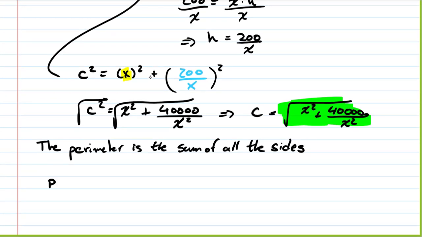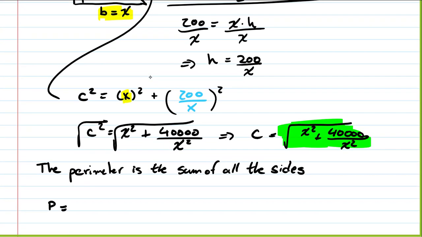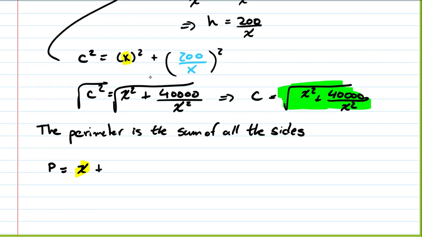So P would be equal to our first side, which is x, plus our second side, which is 200 over x, plus our third side, the hypotenuse that we just found, which is this.